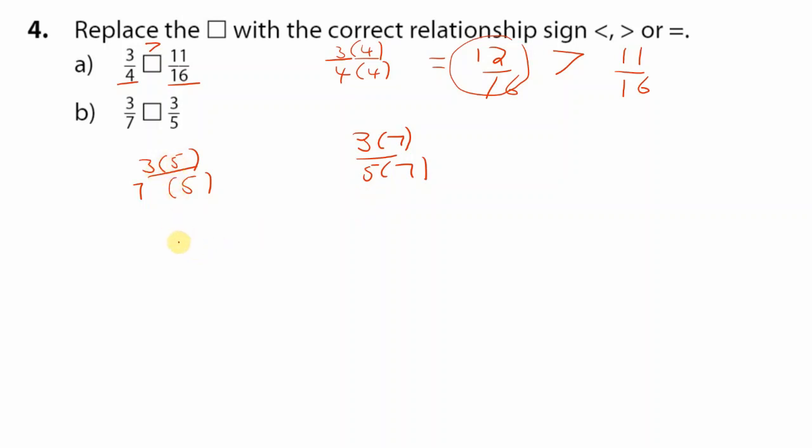So now we have 15 over 35 in comparison to 7 times 3, which is 21 over 35. This time the larger side is on the right hand side. 21 is bigger than 15, so the pointed side points to the smaller side, the open mouth to the bigger side. So in this case, 3/7 is smaller than 3/5.